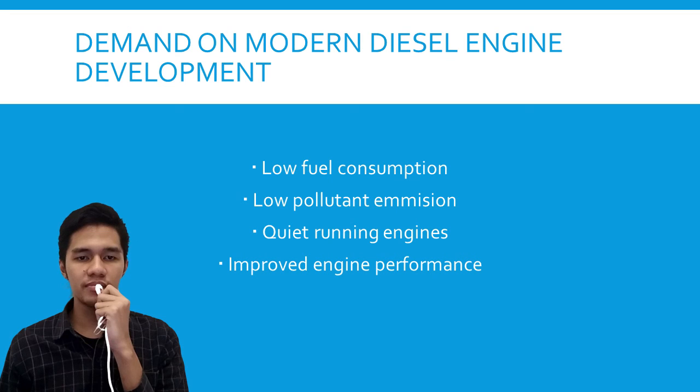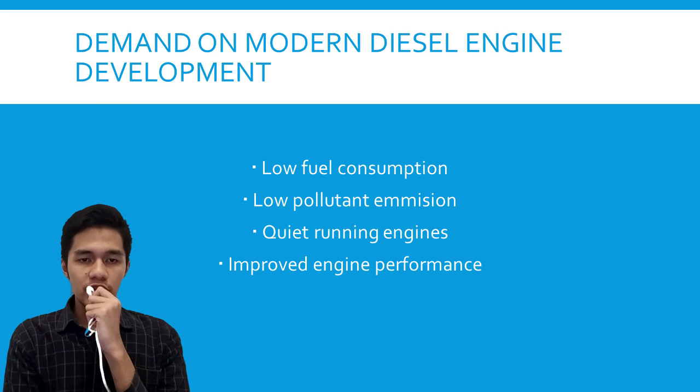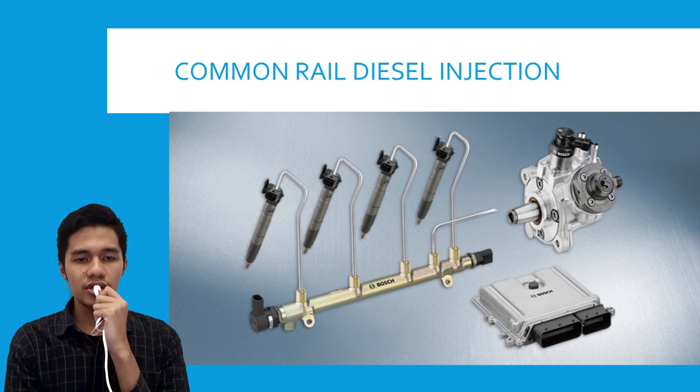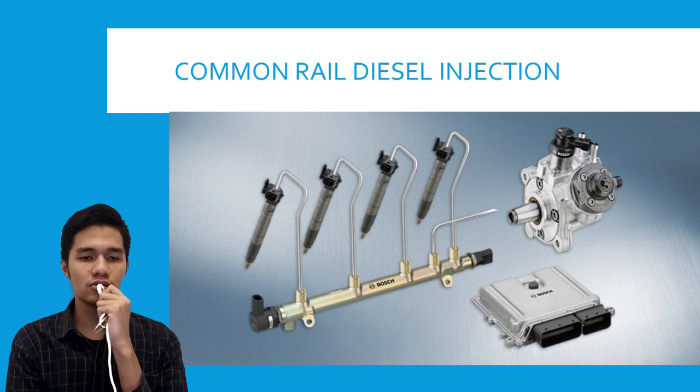To solve the demands on modern diesel engines, we can use common rail diesel injection. Common rail diesel injection is a direct fuel injection system built around a high pressure fuel rail feeding solenoid valve injectors.